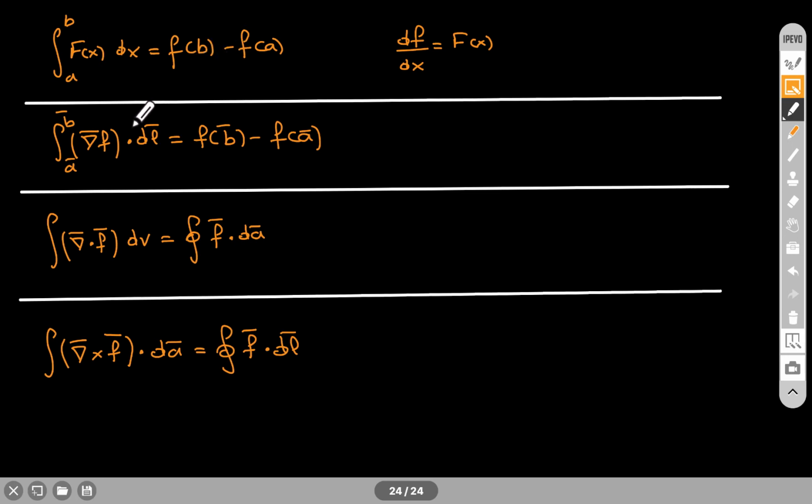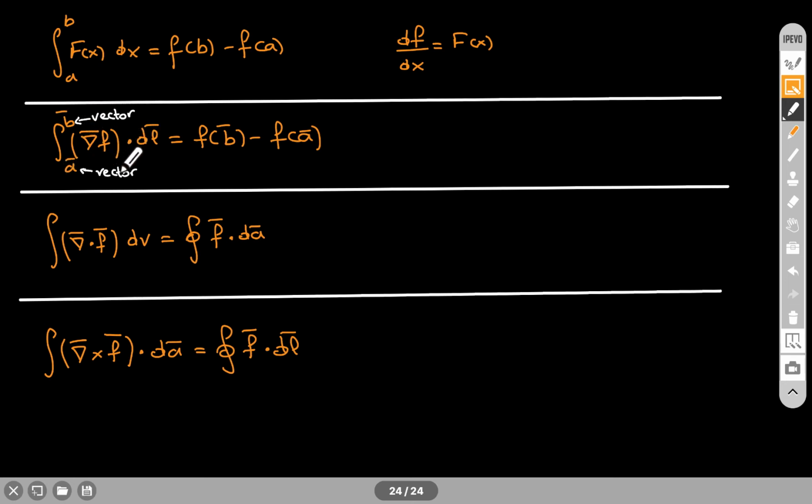Now, we also have, if you have a scalar function, the integral when you go from position a to position b, and I want to make it clear that these are vectors.